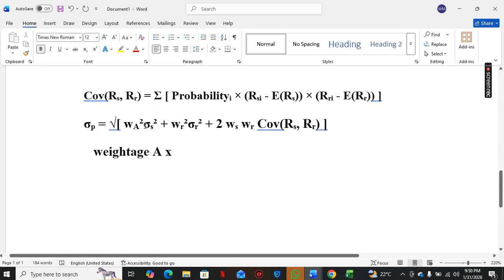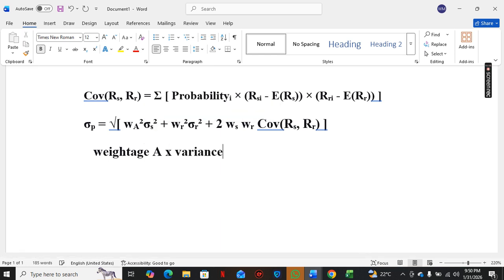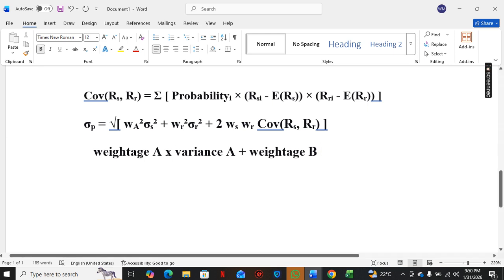This sigma squared is the variance of A, plus weightage of B multiplied by, oh, and they are squared, so weightage of A squared.